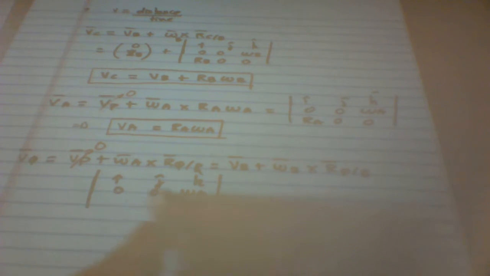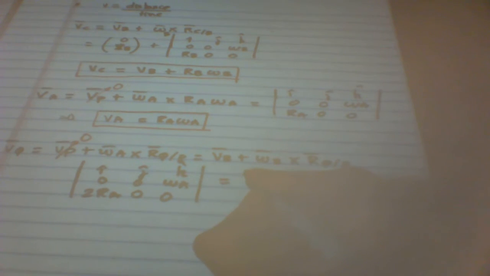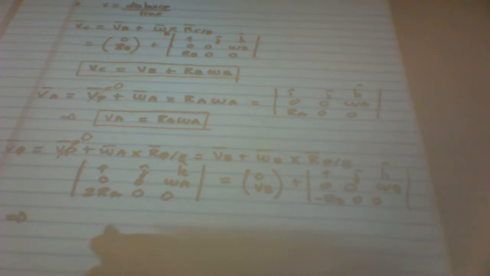Position of Q with respect to P, 2RA, 0, 0, equal to minus RB. So this is going to give us the relation 2R sub A omega sub A equals dB minus R sub B omega sub B. So this is equivalent to the relation 8.